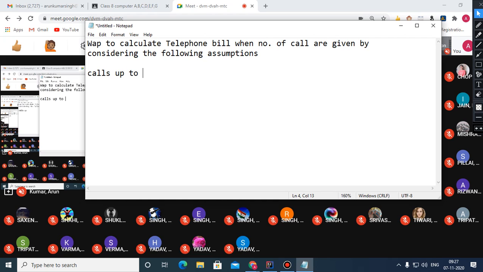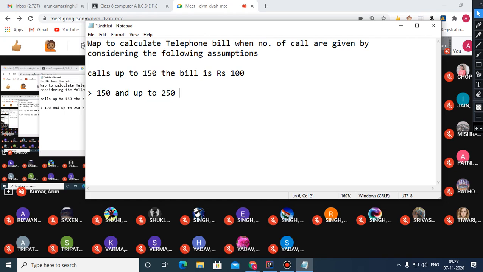Calls up to 150, the bill is rupees 100. More than 150 and up to 250, rate charges is rupees 3 per call.